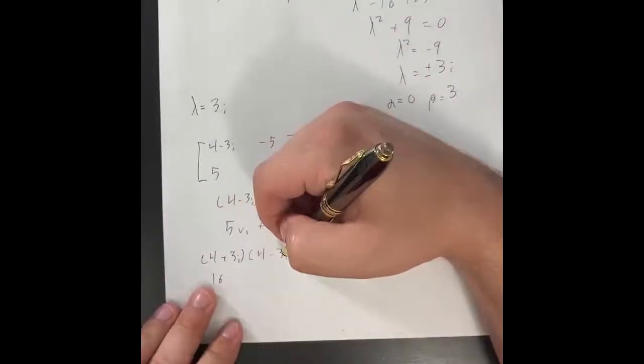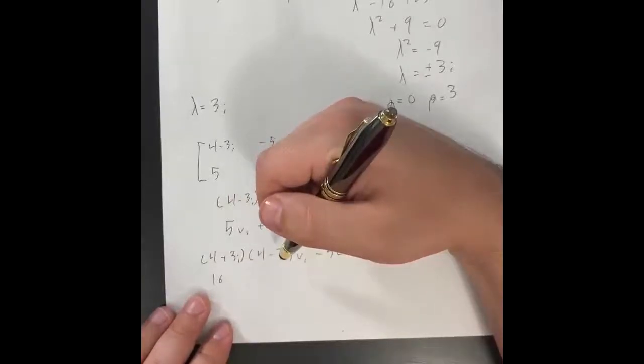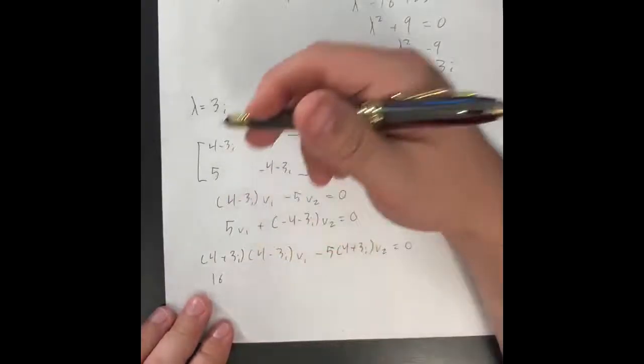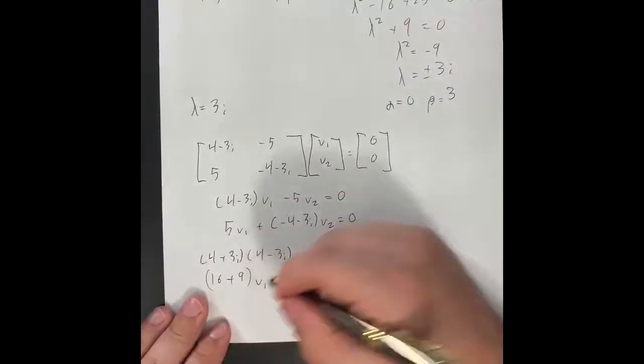Then we have 3i times negative 3i, so it's minus 9 times i squared, which is negative 1. So it ends up being plus 9 v1.